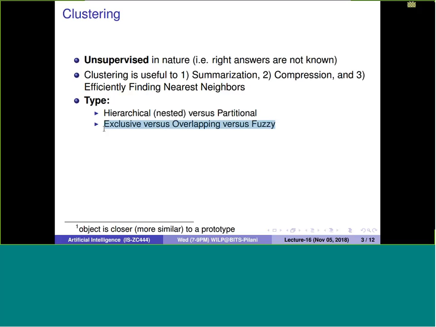You cannot immediately tell that this person is a criminal and this is not. You can assign that with this probability he is a criminal, and with this probability he is innocent. So if you assign this kind of probability to data items, then it's a fuzzy set.